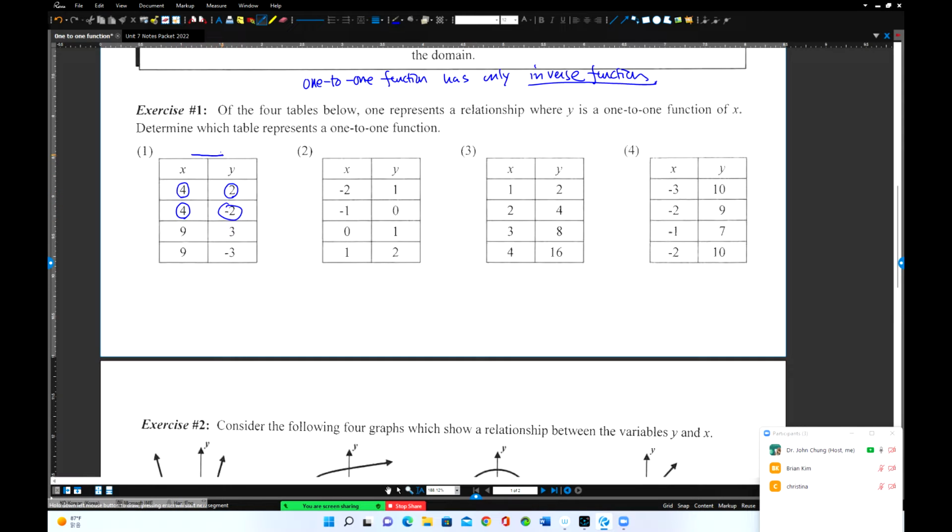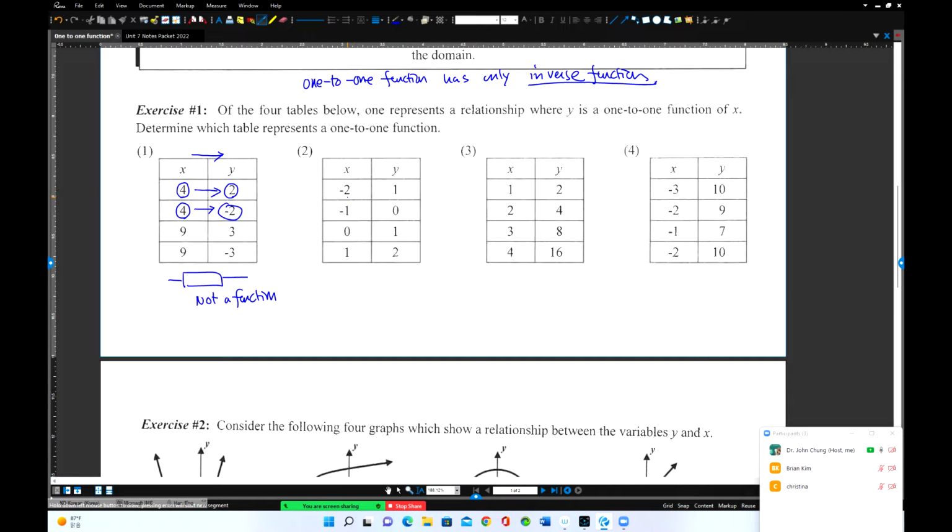This fails going forward, right? That is not a function anymore, because when the x value 4 has two different values. This is not a function. If it is not a function, we don't care about its inverse.